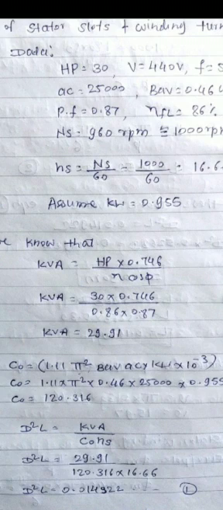Putting in the values we have already calculated: D square L is equal to the kVA value 29.91 divided by C0, which is 120.316, into speed, 16.66, and it becomes D square L is equal to 0.014322. Call this equation number 1.